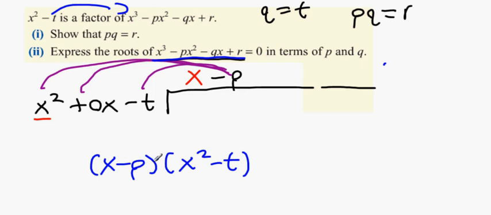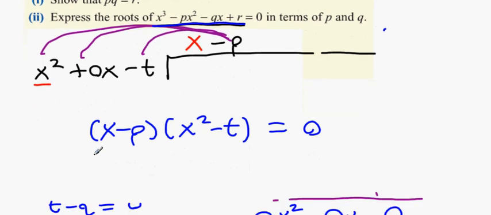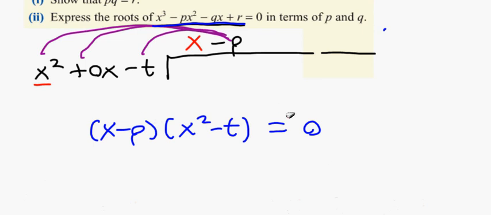So that means that the two of these, when you multiply them by each other, equals 0. The next thing we've got to do is expand out our brackets, okay? So it either means the first factor equals 0 or the second factor equals 0. So either x minus p equals 0 or x squared minus t equals 0.